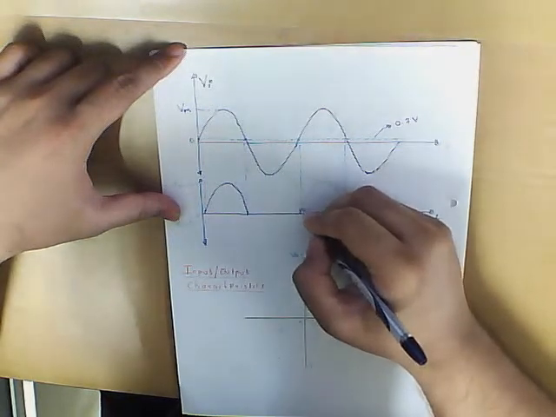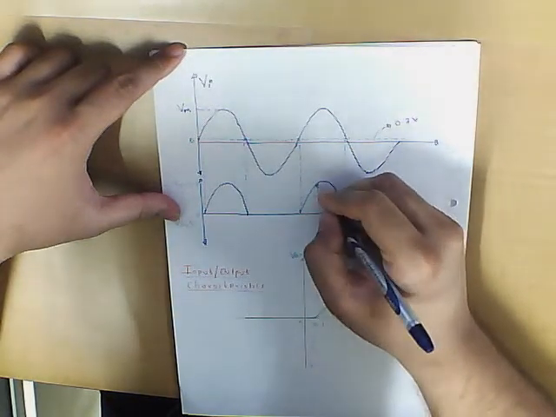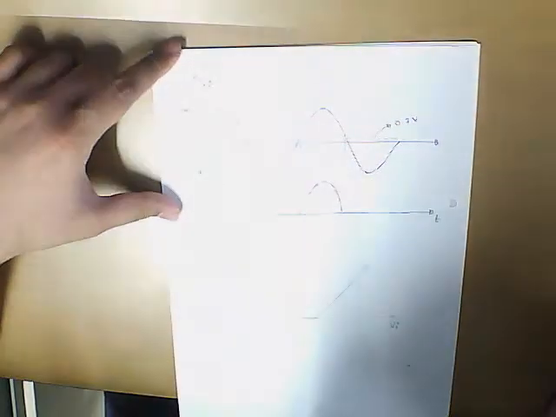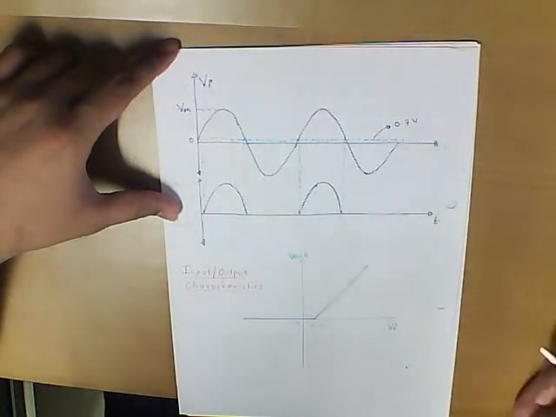So the diode conducts only above 0.7. So that is what this circuit means. So the diode conducts only above 0.7.